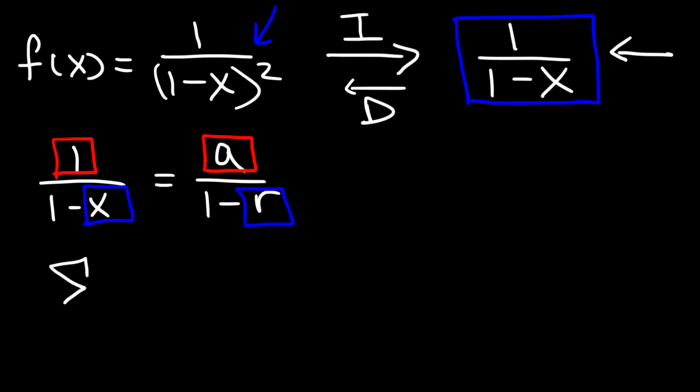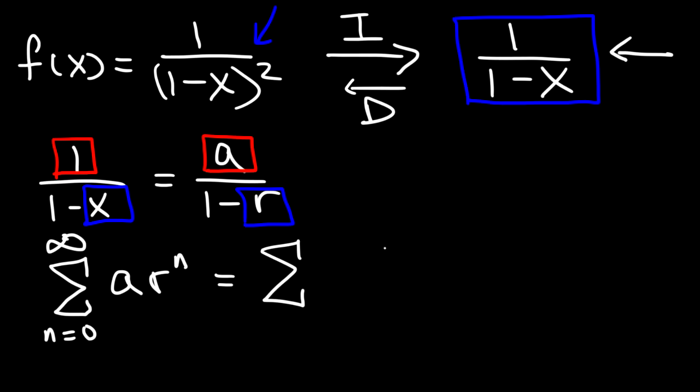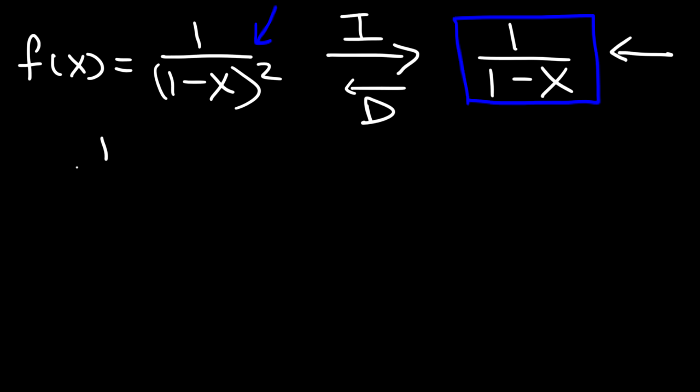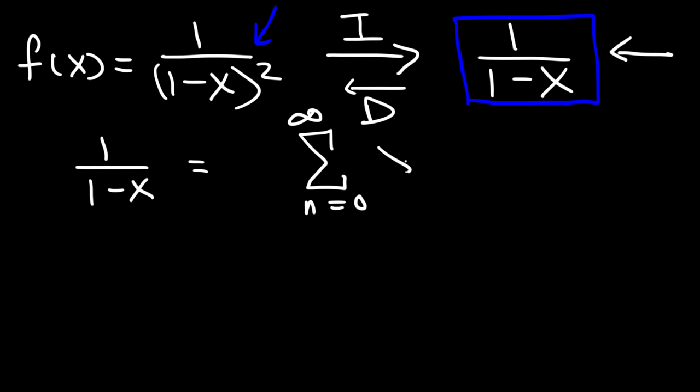So using the geometric series expression from 0 to infinity of a times r to the n, we have 1 times x to the n. So therefore, we could say that 1 over 1 minus x can be represented by the power series starting from n equals 0 to infinity of x to the n.